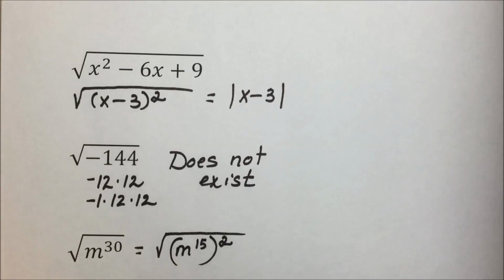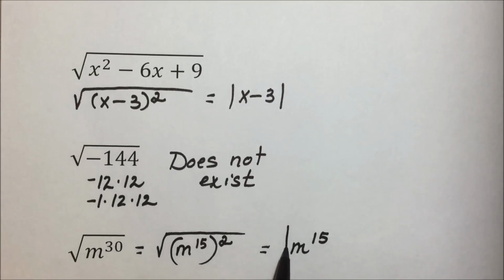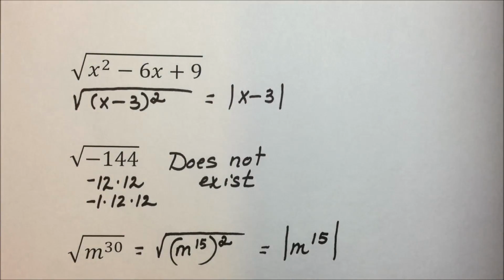That would give us our m to the 30th. So the principal square root here would be m to the 15th power. And because we have a number raised to an odd power, there is a possibility that this could be negative. So to ensure we have the principal root, we will include the absolute value signs for this.